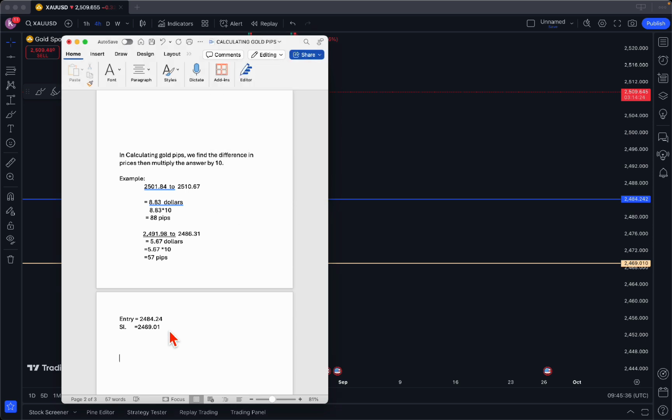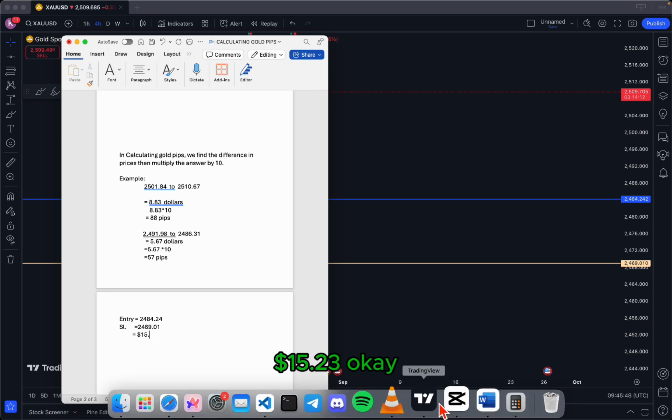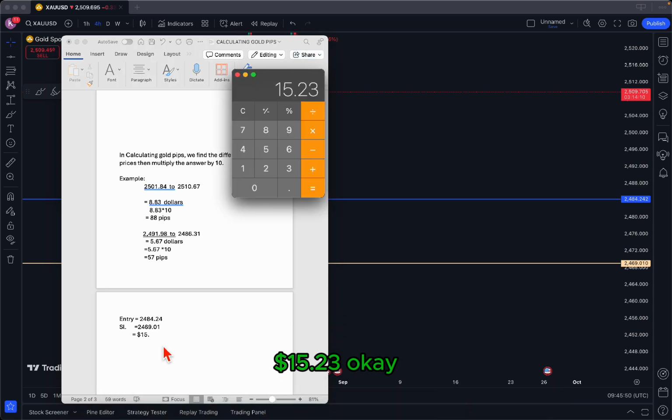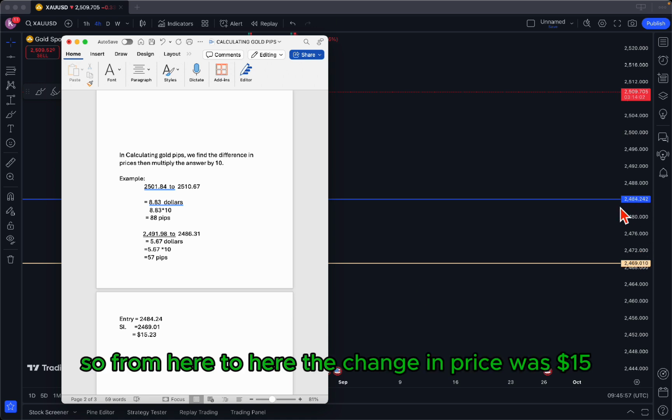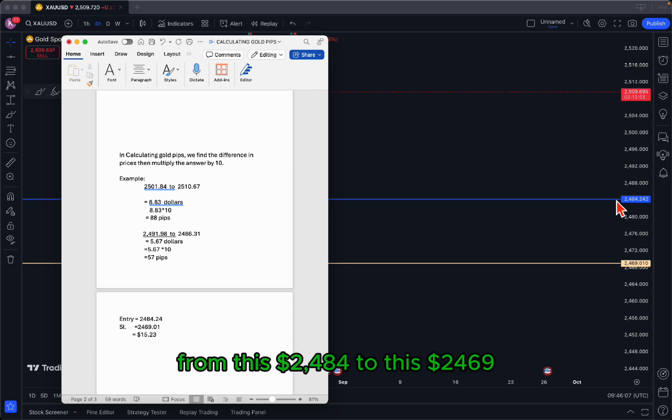So that equals $15.23. Okay, so from here to here, the change in price was $15. From this $2,484 to this $2,469, the change in prices was $15.23.